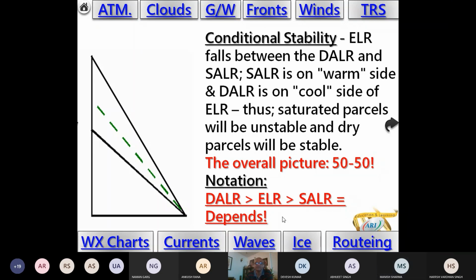It depends. You can have wind force 0, like a mirror, or depending upon the turbulence up there, which is preventing the rise of air, you can have normal conditions also, or bad conditions. This is what is conditional or neutral stability.